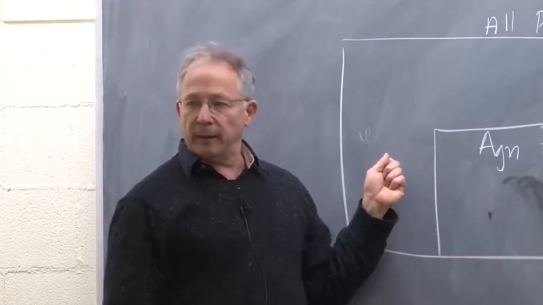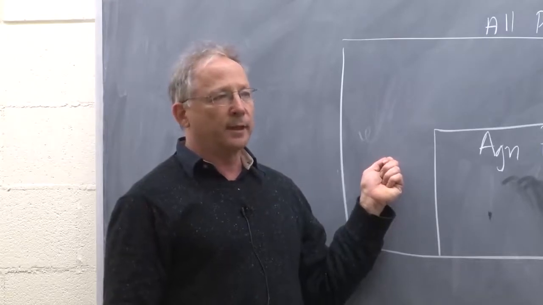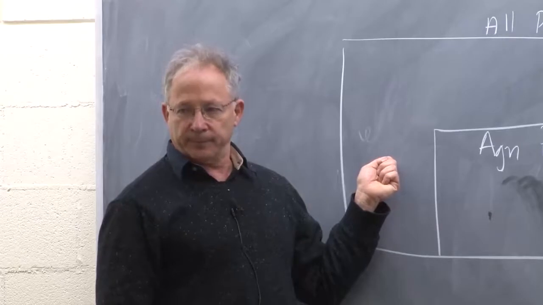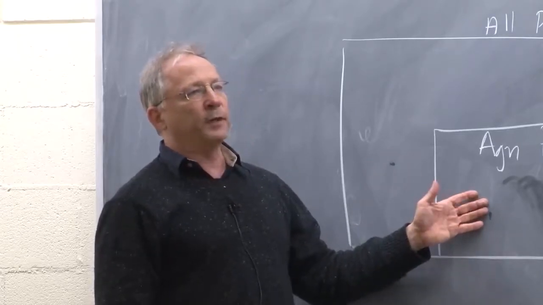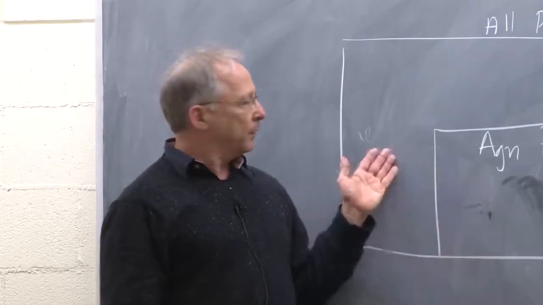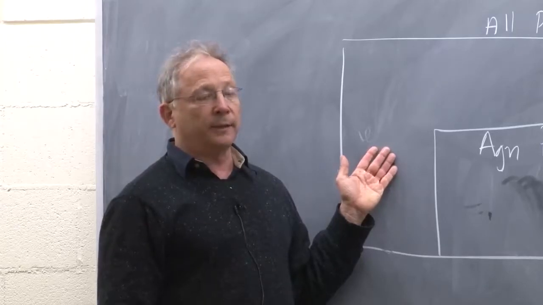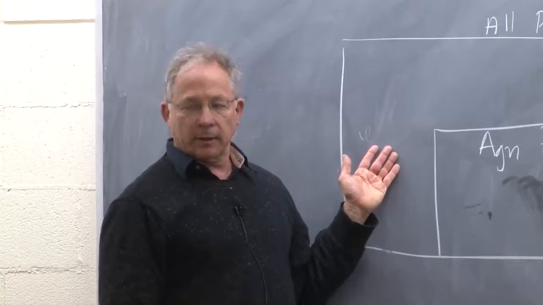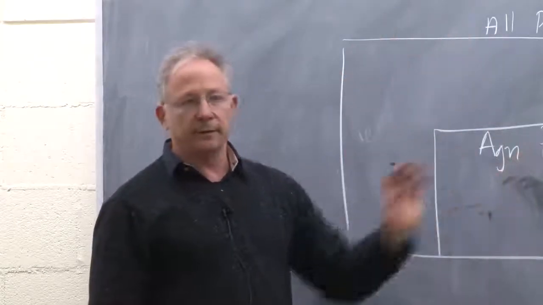In PAC, I only require that this will hold for distributions for which one of the elements of H is a perfect classifier. So here you have to handle every possible distribution, every possible labeling. Here you only have to handle labelings which are deterministic and agree with one of the functions in H. That's a weaker requirement, so I have more classes here.